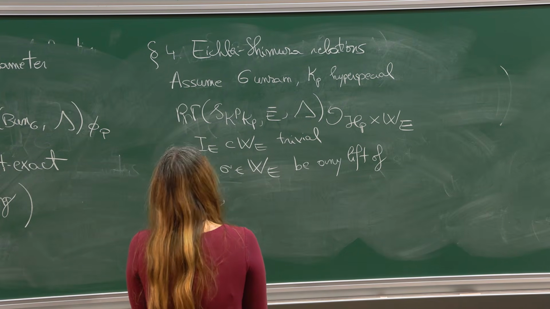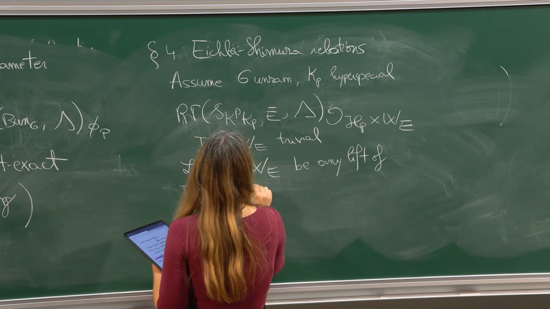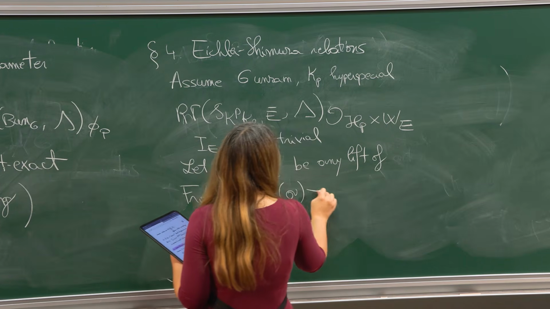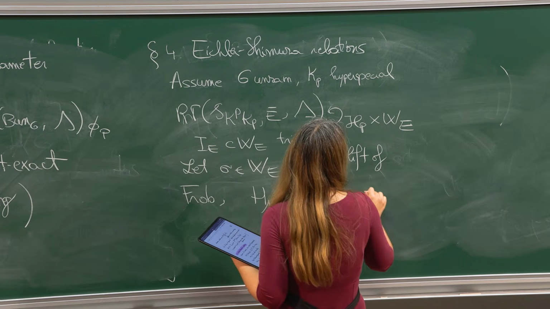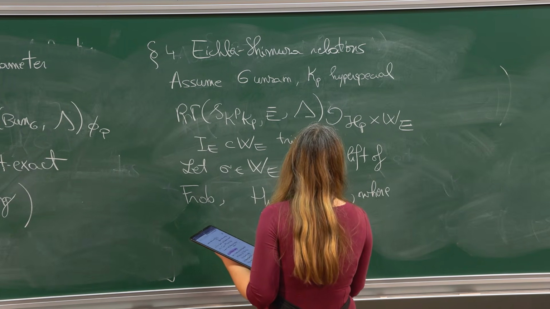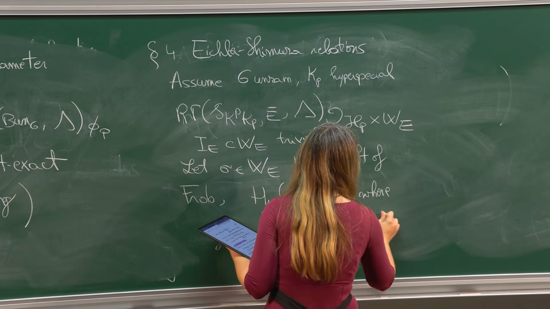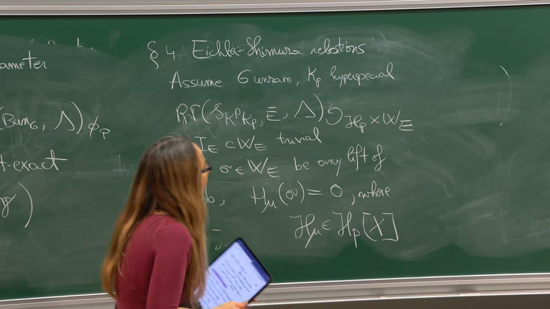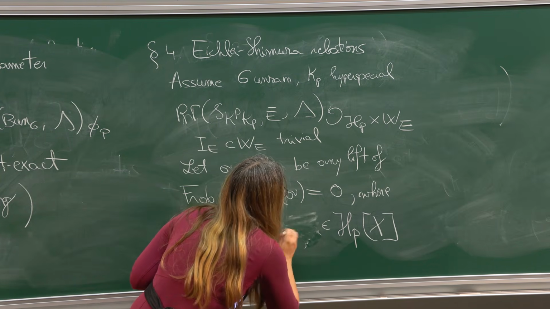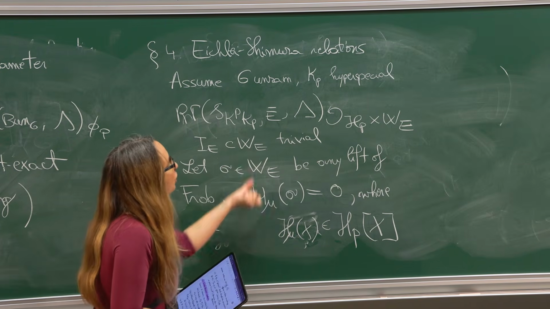And then the claim is that using this action, you can look at h_mu of sigma and show that this is 0, where h_mu is some Hecke polynomial. So it's just some polynomial with coefficients in the spherical Hecke algebra in one variable. And it's determined by the Hodge cocharacter.